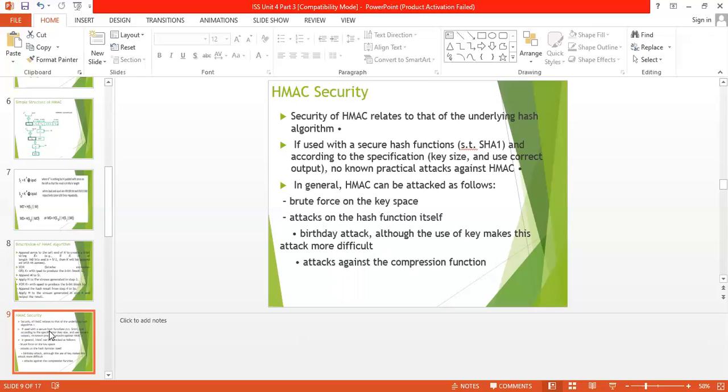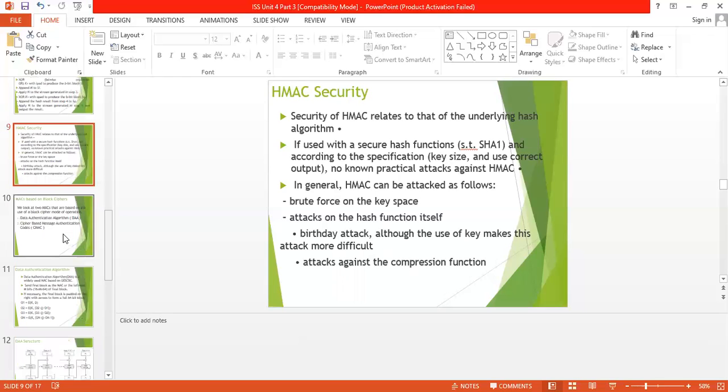In a simple way, HMAC can be attacked by: number 1, brute force on the key space, and attack on the hash function itself; and the birthday attack, although use of the key makes this attack more difficult; and attack against the compression function. So this is basically the security of HMAC.